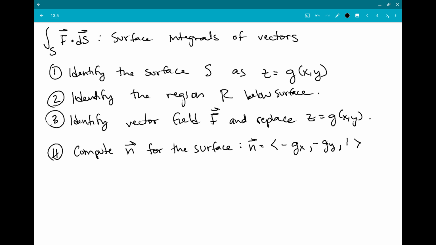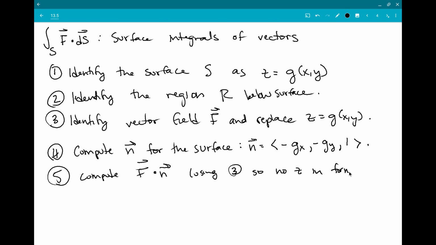This uses the same components as our surface area formula because our surface area formula is exactly the same as this. And then you're going to compute F dot n, using your F where you've replaced z so that there's no z in the formula.